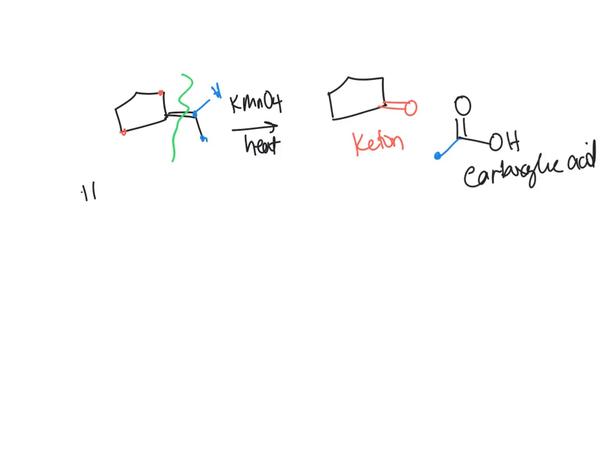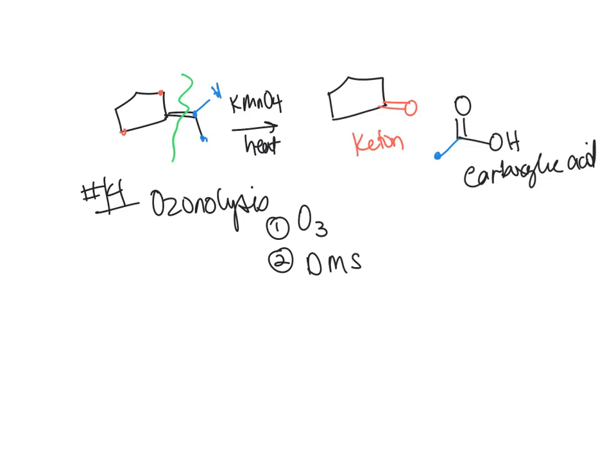Number 14. Okay, this is a new reaction sheet. This is your last reaction of this chapter. I know you have a lot. This is ozonolysis. It's also in your book. It uses ozone as step one, and then you cleave the ozonide with, sometimes you'll see it as DMS, that's dimethyl sulfide.